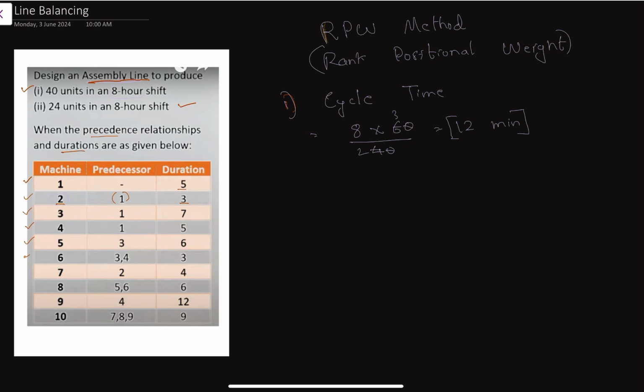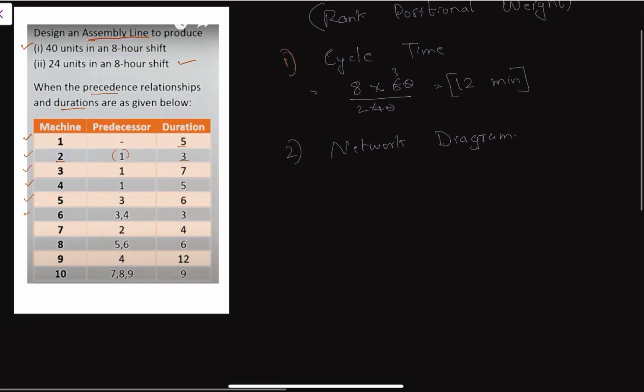The second step is to draw the network diagram. We will do that right now. The precedence diagram is given. Let us start with machine 1. This is machine 1 and it takes 5 minutes, so let us write 5 here.